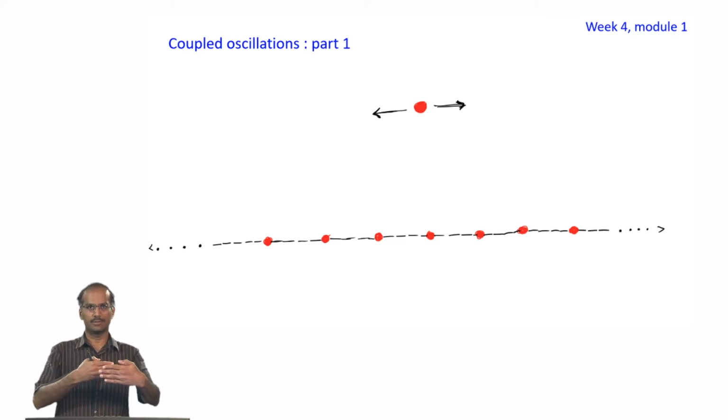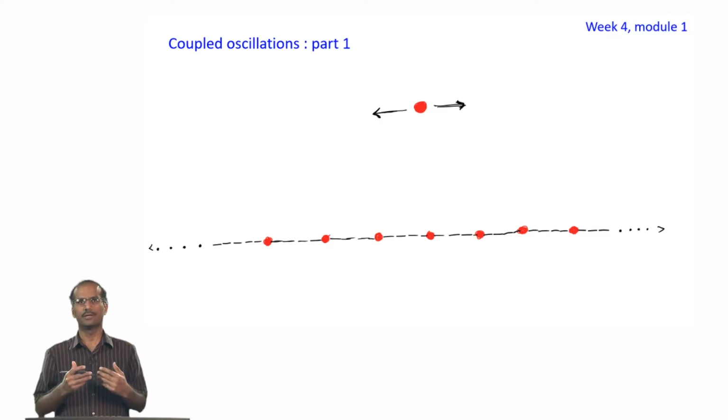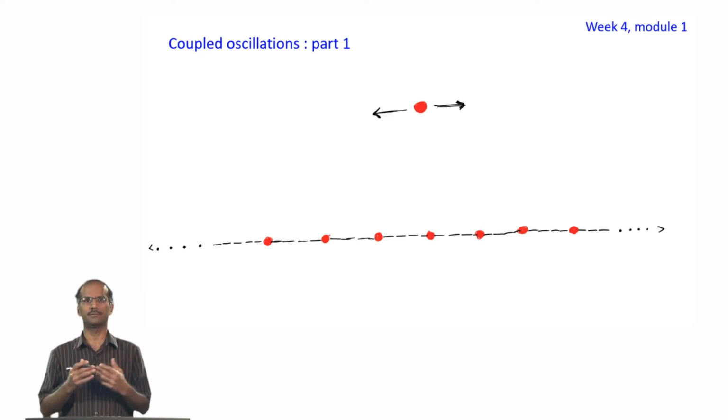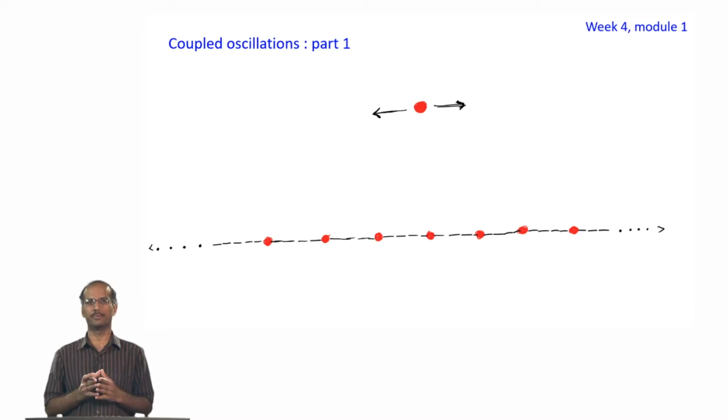So, here a lot of these molecules are coupled together, somehow they act together and help in propagating waveforms. So, let us today start with how we describe these coupled phenomena.